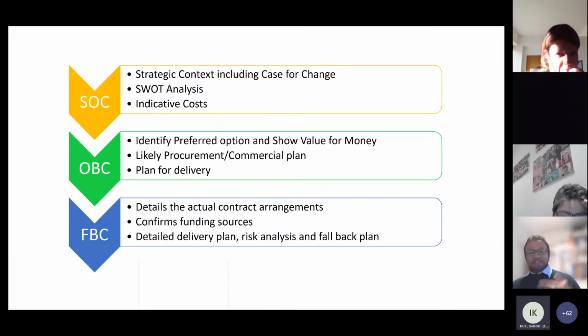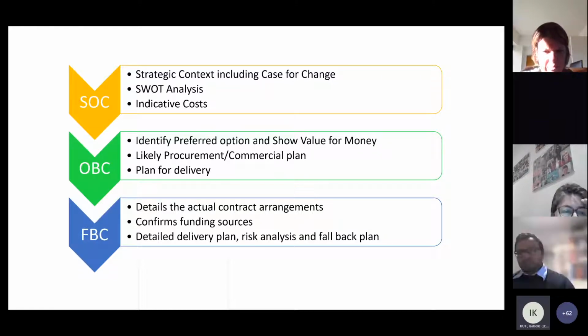Okay, and again, to give you an idea of how you might do it, your strategic outline case is where you do your context and case for change. Something called SWOT analysis. So that's where you identify the strengths, the weaknesses, your opportunities, and the threats. So of your system, you identify your strengths, your weaknesses, where the opportunities might be, and where your threats are.